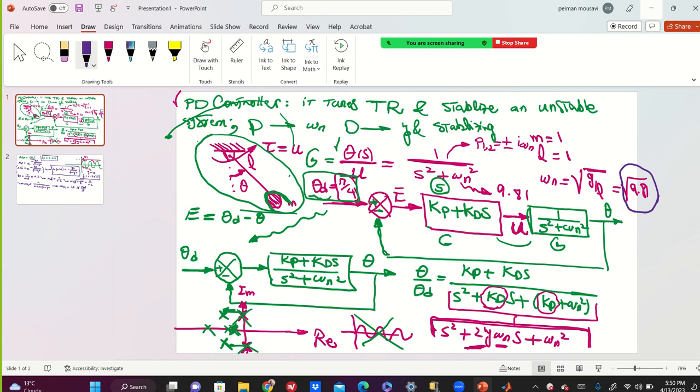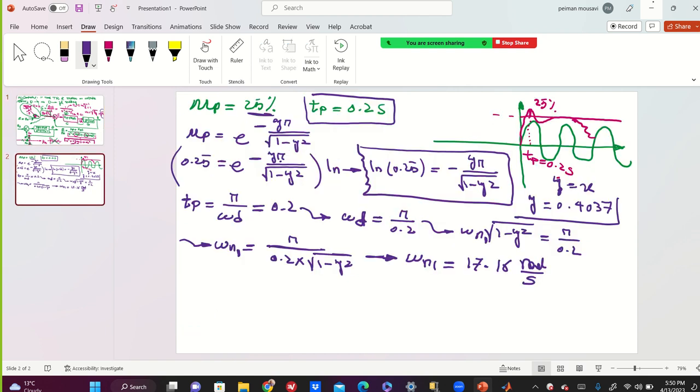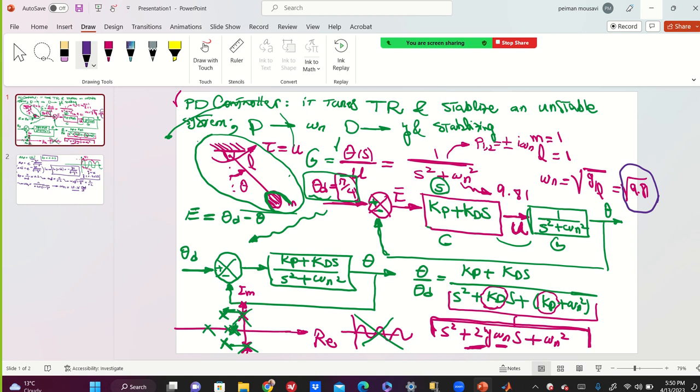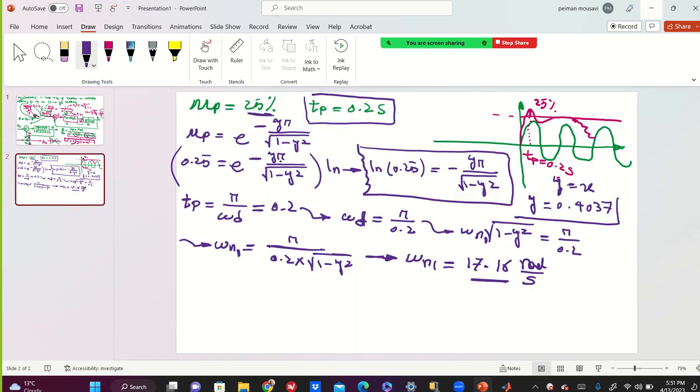By adding the PD controller, the P part increases the natural frequency of the system to 17.16. Do you see my point? When I say the P controller tunes the natural frequency, I mean this. Understand, everyone?